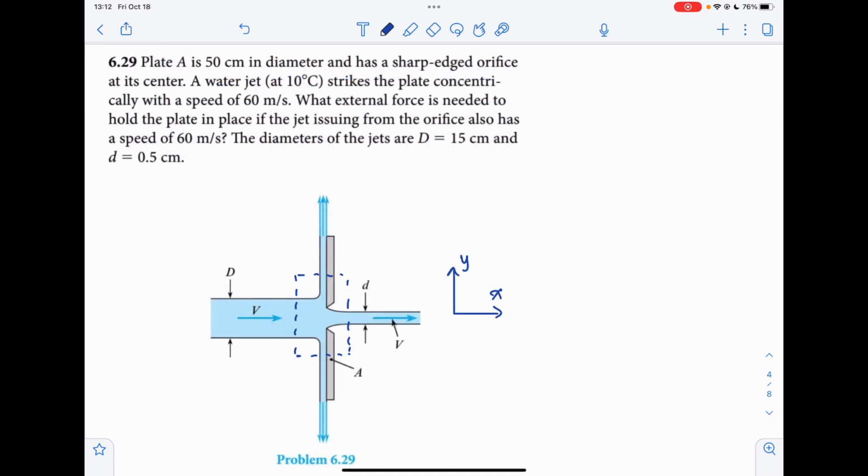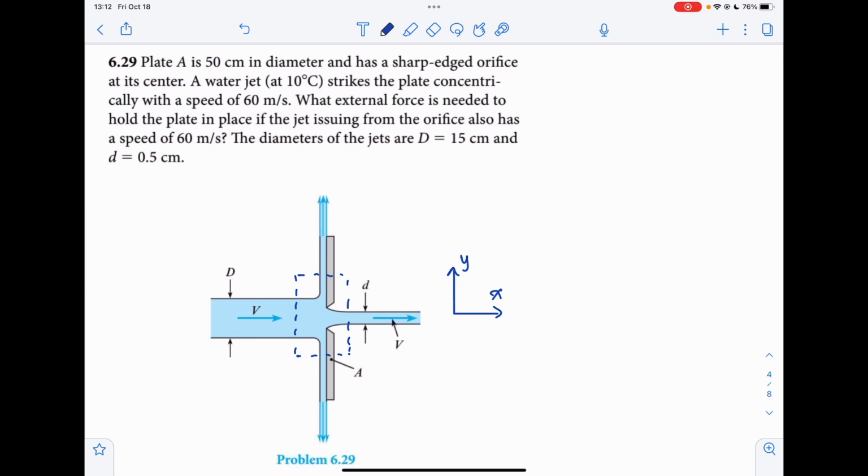Problem 6.29. We have a plate A here, which is 50 centimeters in diameter and has a sharp edge orifice at its center, so the water jet strikes the plate concentrically with a speed of 60 meters per second. The problem is asking for the external force needed to hold the plate.